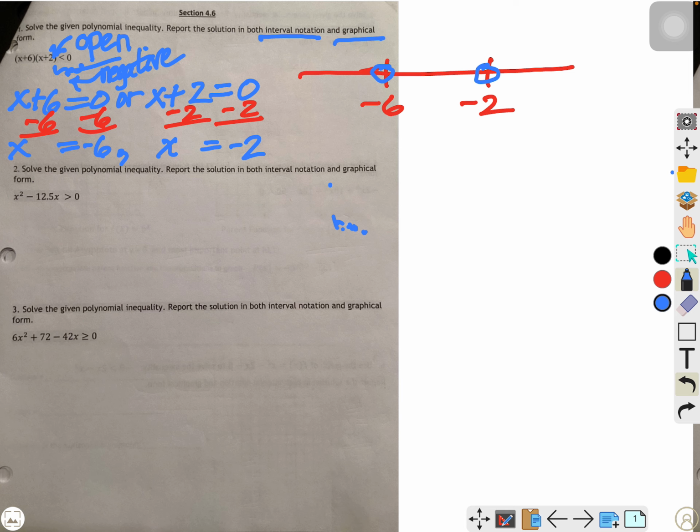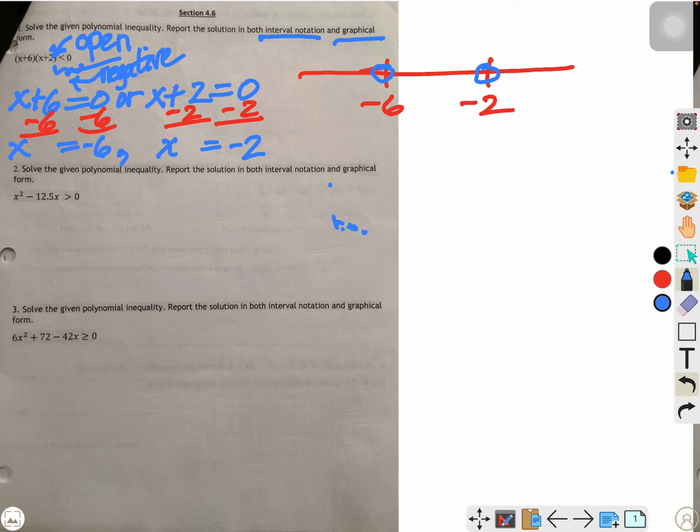If you're using this notation, at this point I'd rather use the open circles because I don't know which region I'm going to result in. So as a result, I don't know which way to turn my parentheses. So I'm going to stick with the open circles right now.